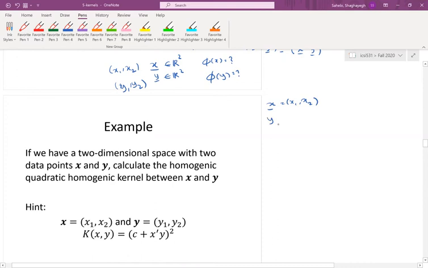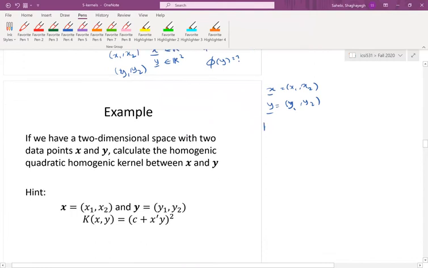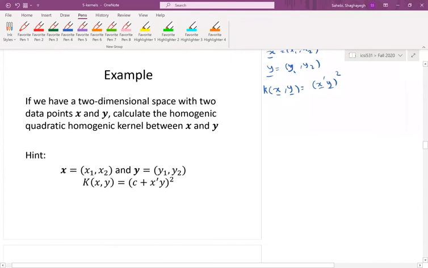And Y is also two-dimensional, values Y1, Y2. Now, we are homogeneous kernel, so K between X and Y is equal to X transpose Y squared. So let's see. What is X transpose Y squared in this case?